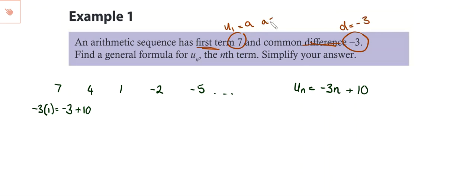So A equals 7, D equals -3. The formula is, anyone remember? U1 plus n minus 1 times D. Okay?